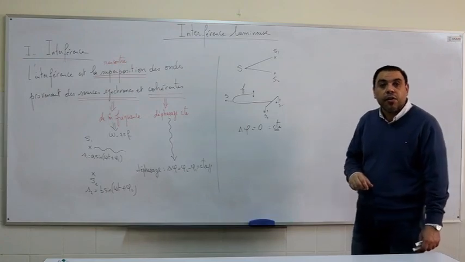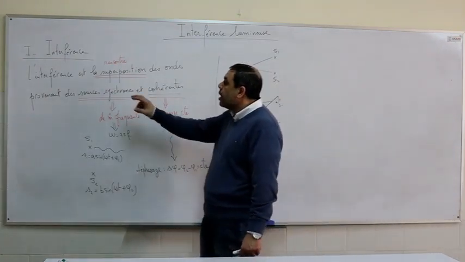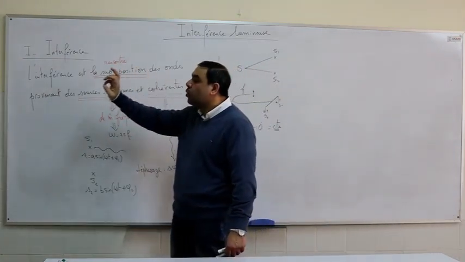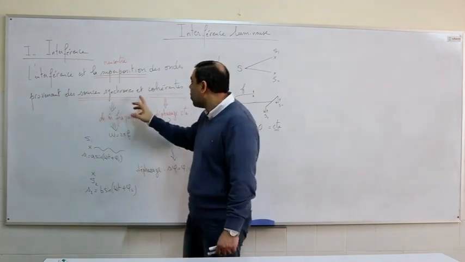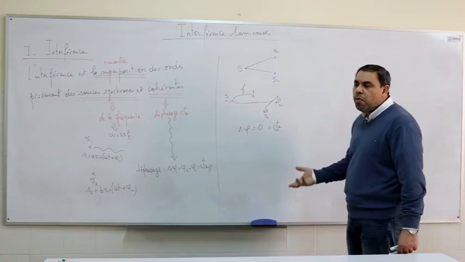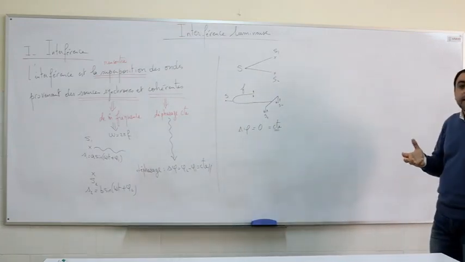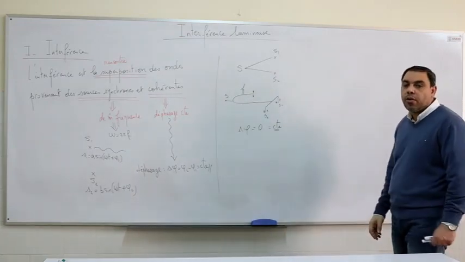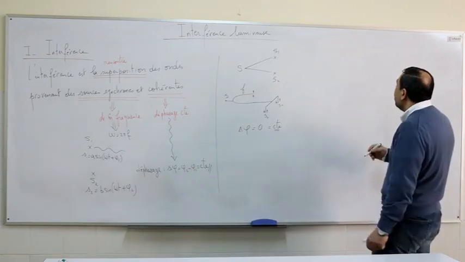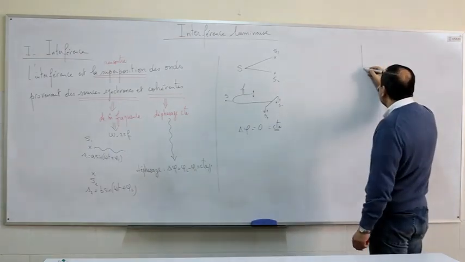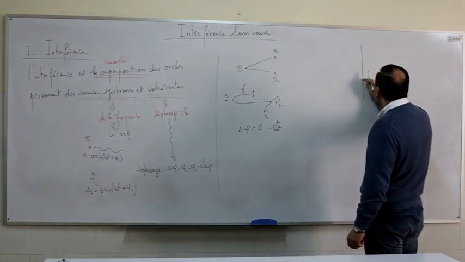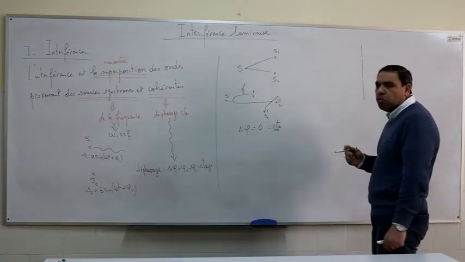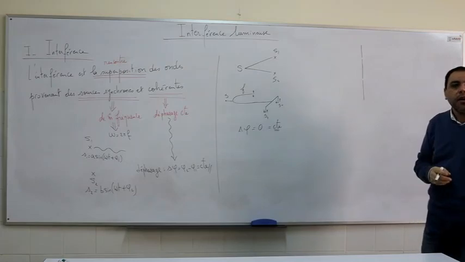In our chapter, we will talk about interference of light. So how can light satisfy the above conditions of interference? For this, consider a screen on which we make two very small openings of widths less than 1 millimeter.